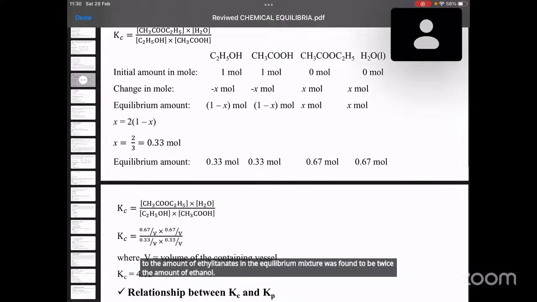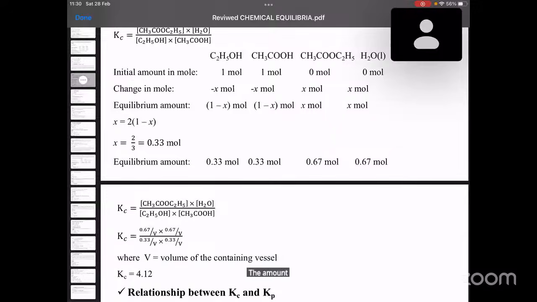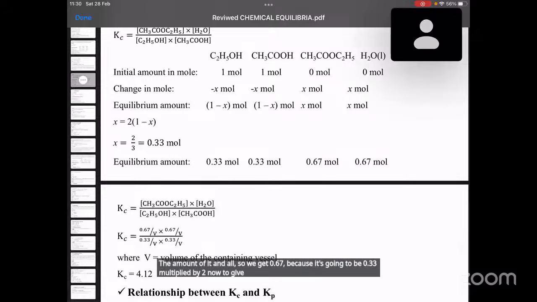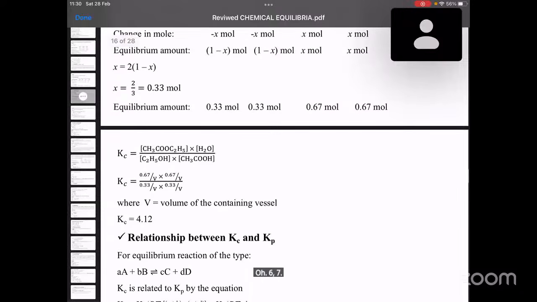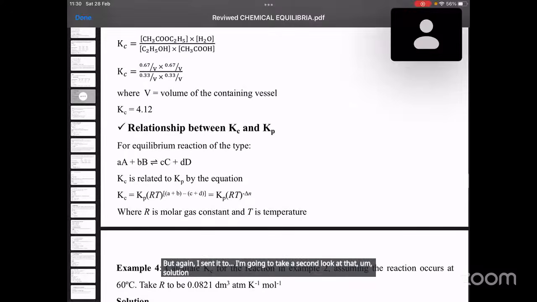So at the end of the day, when we have our X to be 0.33, the amount of ethyl ethanol must still be double the amount of ethanol, so we get 0.67, because it's 0.33 multiplied by 2. But again, I'm going to take a second look at that solution to that equation and see what's going on.